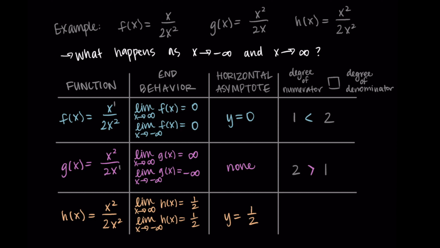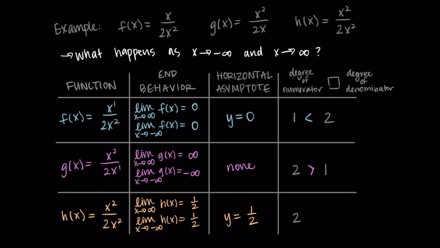So that higher degree means we're just getting bigger and bigger as the inputs get larger and larger, and so there is no horizontal asymptote. Whereas in our first function, f of x, that denominator degree is larger, and so we're going to be dividing by larger and larger numbers each time, which means we're approaching 0.